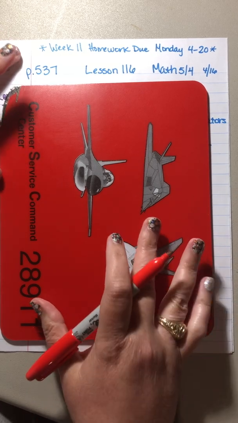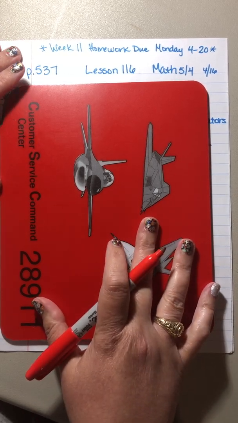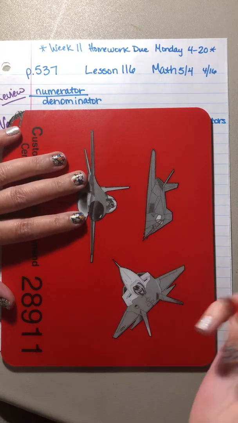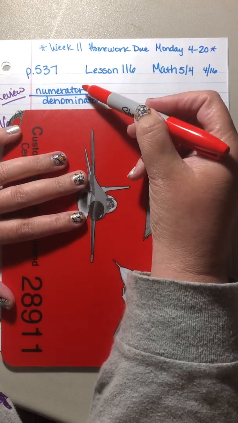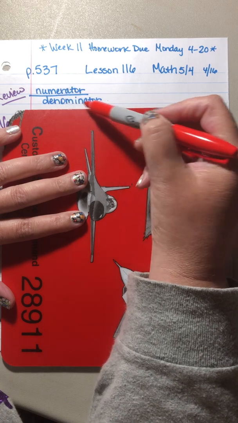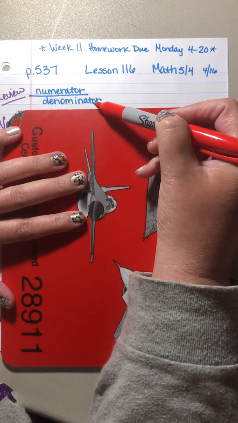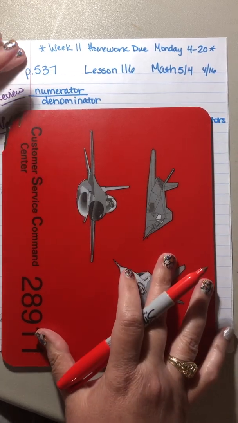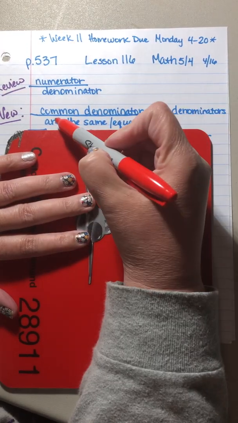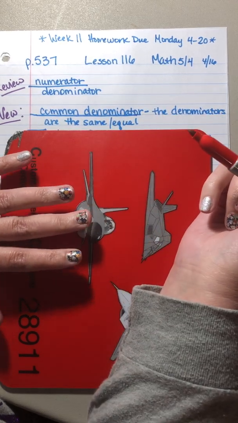Okay, let's get started. This lesson deals with common denominators, but let's do a little review first. Just as a reminder, when we write a fraction, the numerator is the top number, the denominator is the bottom number. So what we're learning today is called a common denominator.